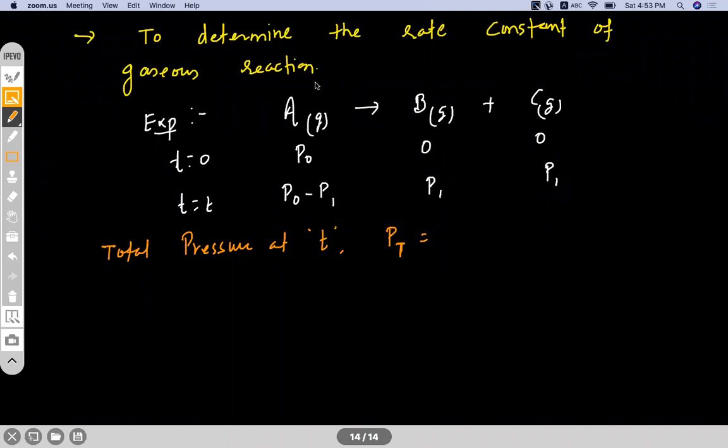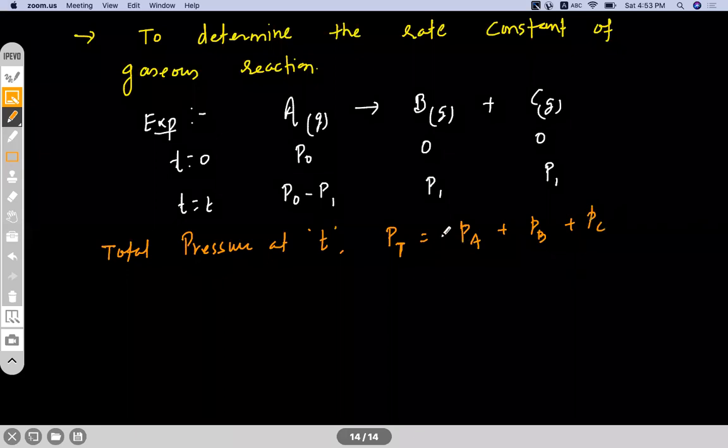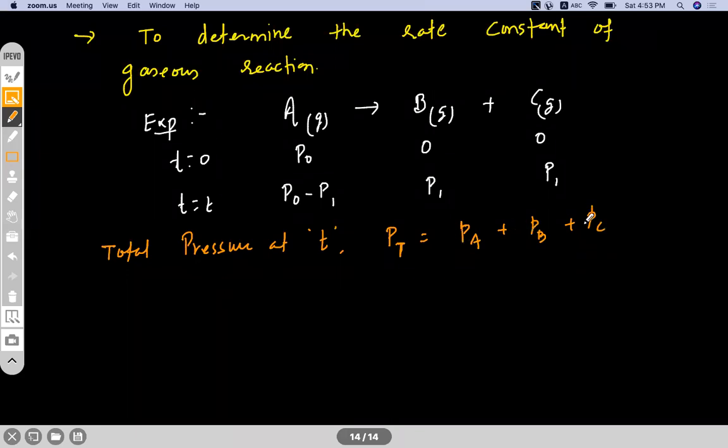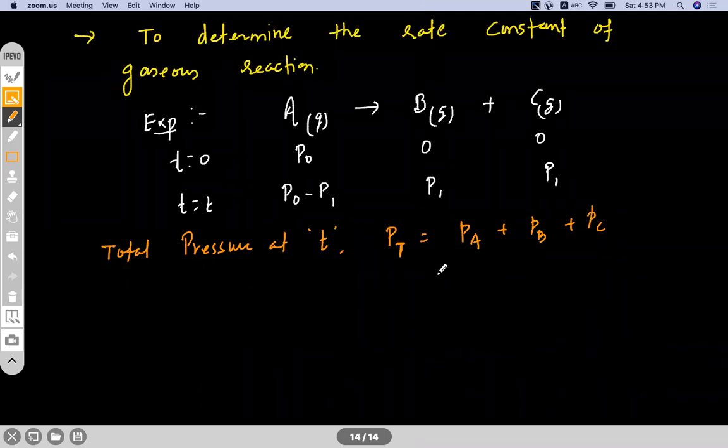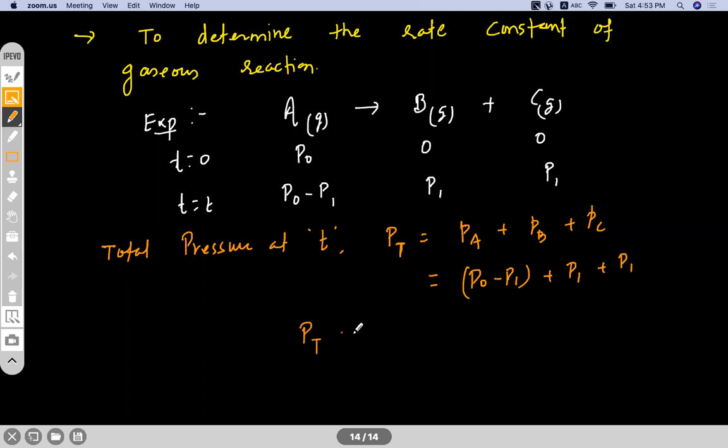Pressure is because of only gaseous molecules, so we have to add the pressure of all gaseous molecules: the pressure of A because A is a gas, the pressure of B, and the pressure of C, where PA, PB, PC are the partial pressures of A, B, and C. So Pt is equal to PA, which is P0 minus P1, plus PB, which is P1, plus PC, which is P1. So total pressure Pt is equal to P0 plus P1.